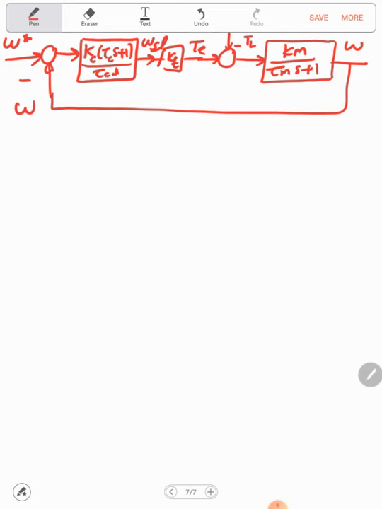Now, simply the closed loop system is of second order. Let's correct this here: tau c of s.